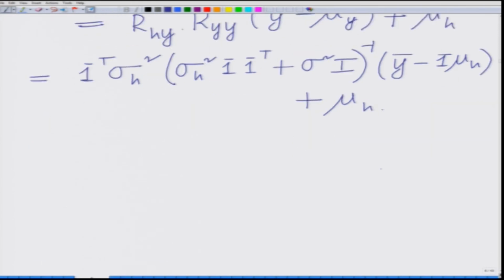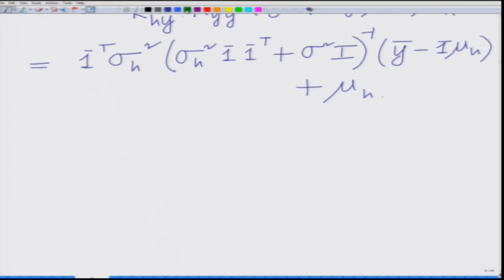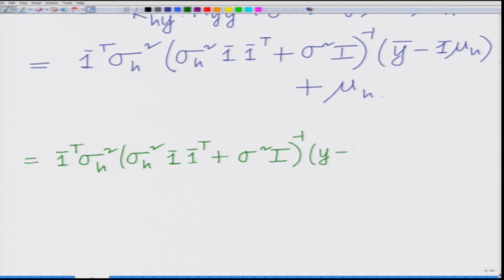Let me just write it a little bit more clearly. This is equal to 1 bar transpose sigma h square, times the inverse of (sigma h square 1 bar 1 bar transpose plus sigma square identity), into (y bar minus 1 bar into mu h), plus mu h.